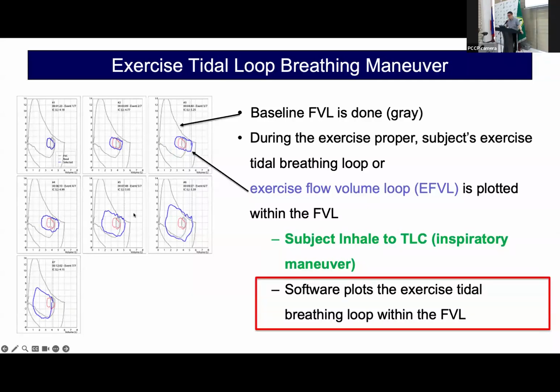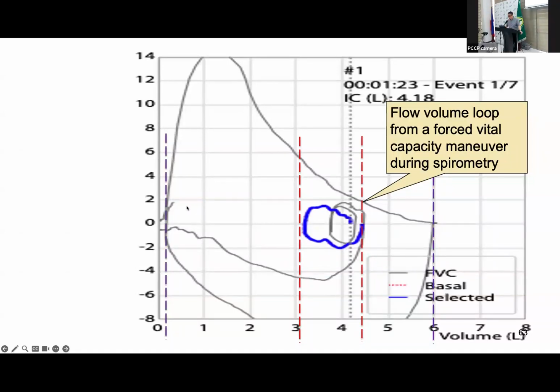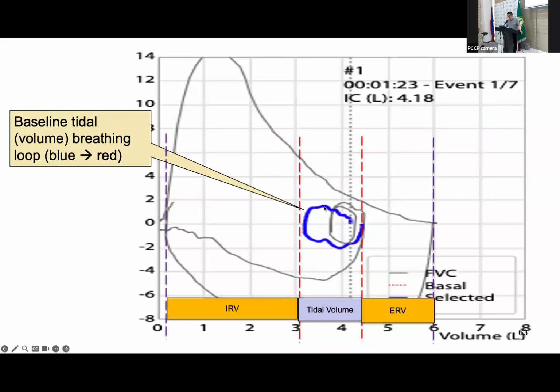So, that's how it's plotted. You pay particular attention later on during the demonstration on how it's plotted. So, let's dissect it. That's the flow volume loop. That's the tidal volume of the subject. That's the IRV. That's the ERV. And this is the baseline tidal volume of the patient during exercise. Initially, it's blue, but after the maneuver, it turns into red.